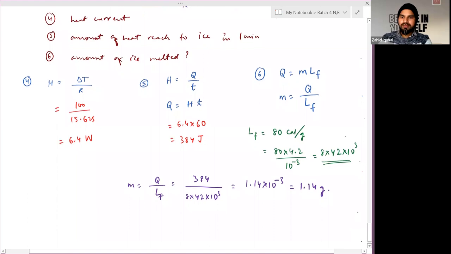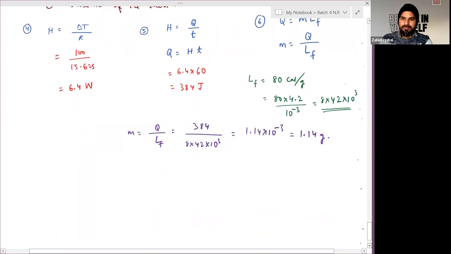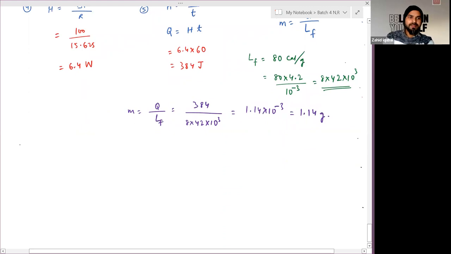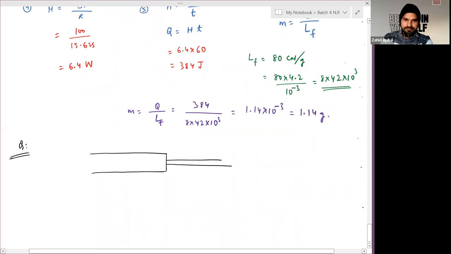Now, suppose you have conductors. This conductor has thermal conductivity 0.5 watt per meter per Kelvin.